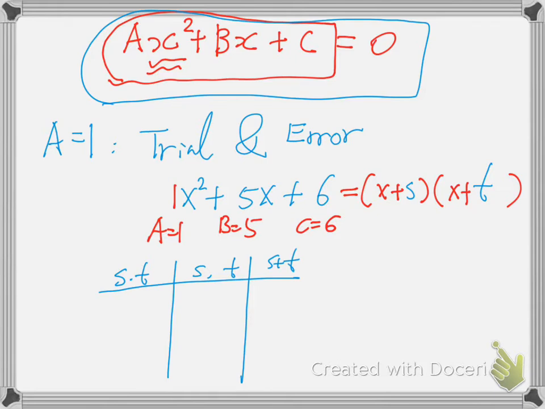Okay, so let's look at this table. So first, s times t. s times t is c. So c is 6. So here we need product to be 6. We need two integers. Product is 6. So what are these two integers?